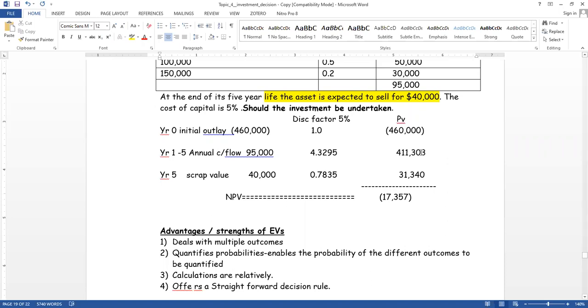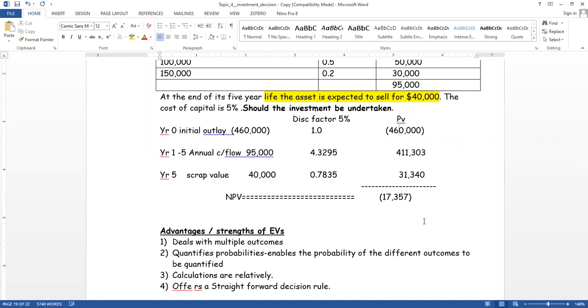Because the lower one is 442, and this is 460, which is higher.